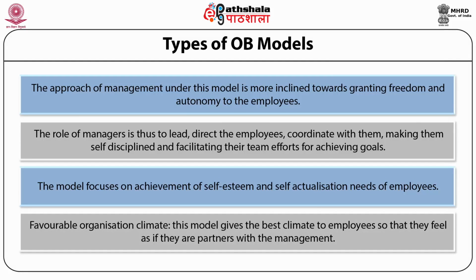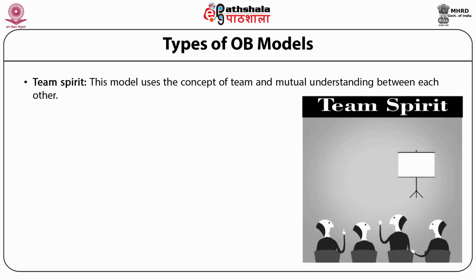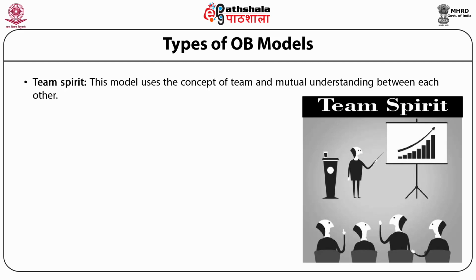Favorable organization climate. This model gives the best climate to employees so that they feel as if they are partners with the management. Contribution of employees is same as of the management because both accept the challenges. Team spirit. This model uses the concept of team and mutual understanding between each other.